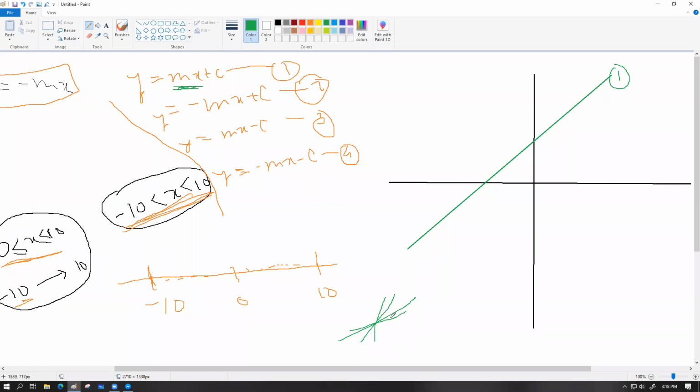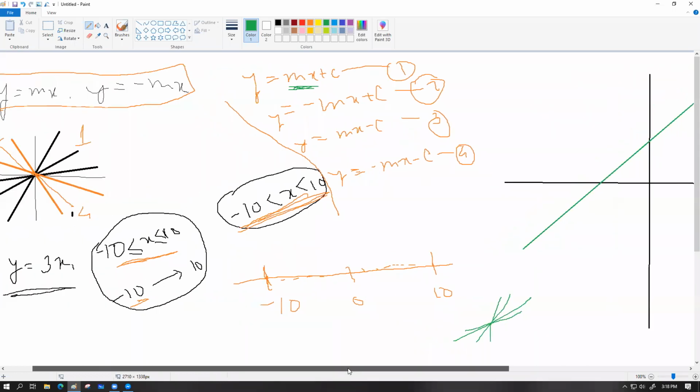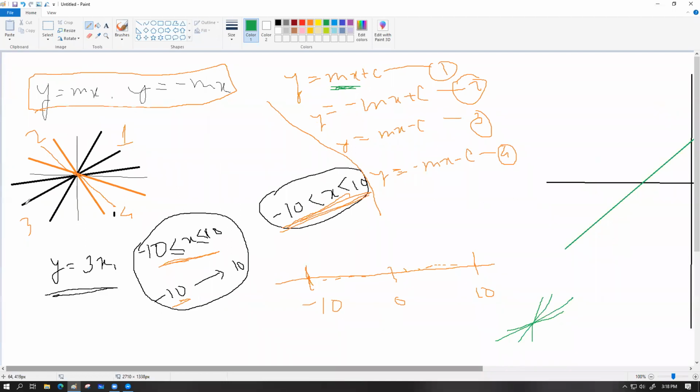So if the line has a shape that tends to go from 1 to 3 or 3 to 1 in this orientation, the location of this position can be up and down depending upon the c value, but a positive gradient means lines should be like this. So they should be going downward left, if I put it that way, or upward right, if you are putting it this way. That is the generic type of lines which have a positive gradient.